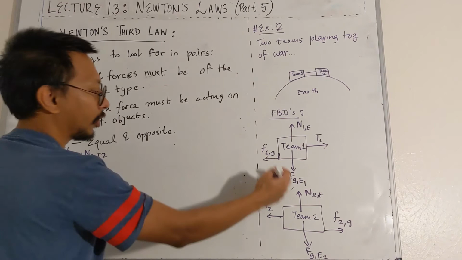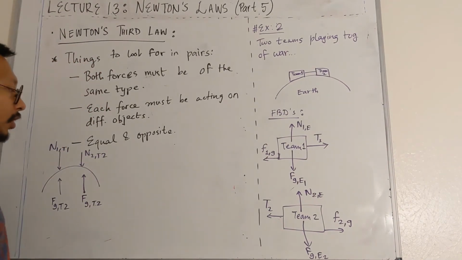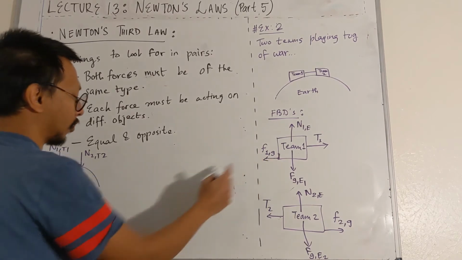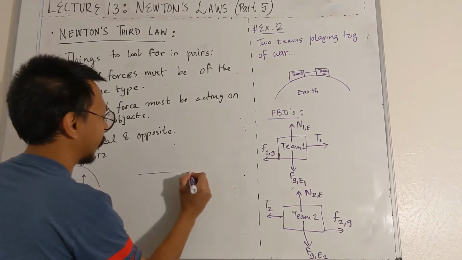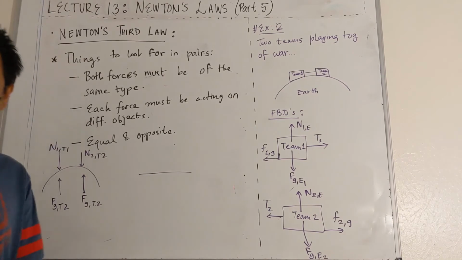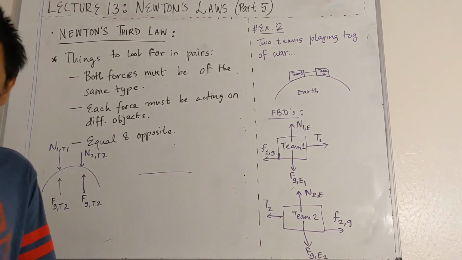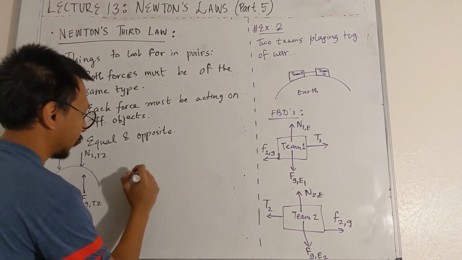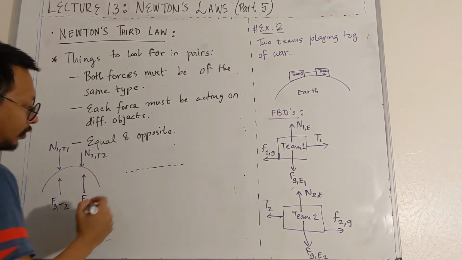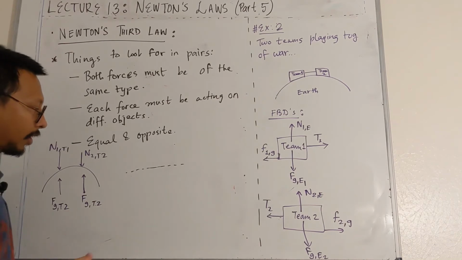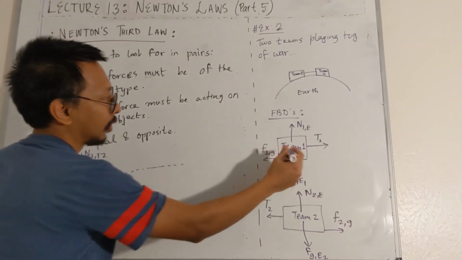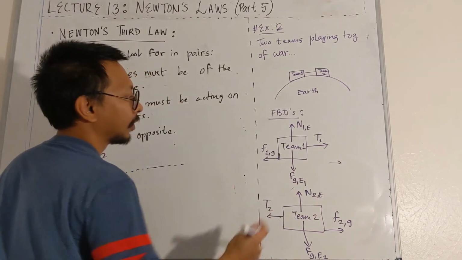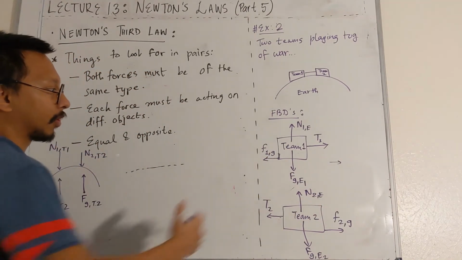Alright, is there anything else? Yes, because both teams feel friction from the ground, the ground will also feel friction from the teams. So let's draw a different diagram for this. This is the ground. Team 1 is sliding this way to the right and feeling the friction from the ground to the left.